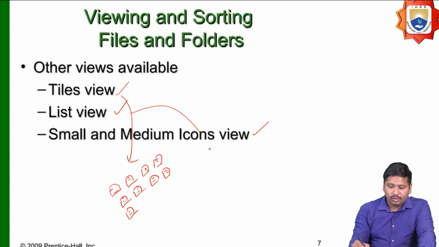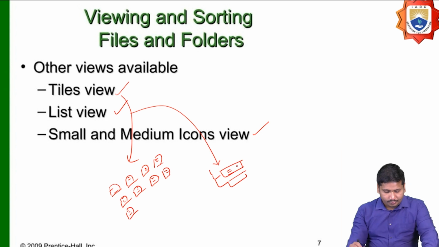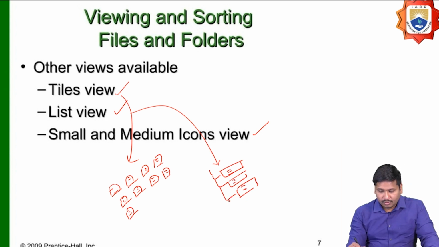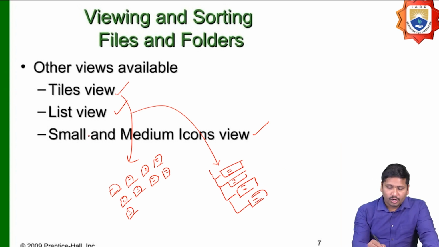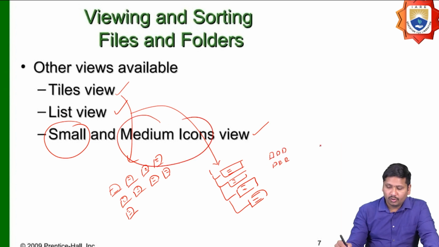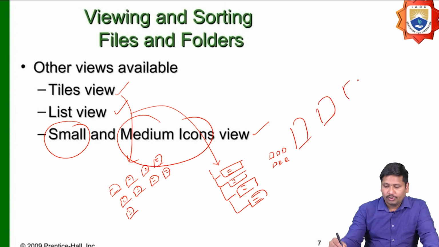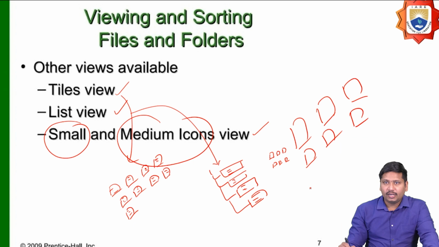Similarly, if I look at the list view, I can see the list view here, and the list of these files and folders. We can also view small icons and then medium icons. So these are the different views of the files and folders.